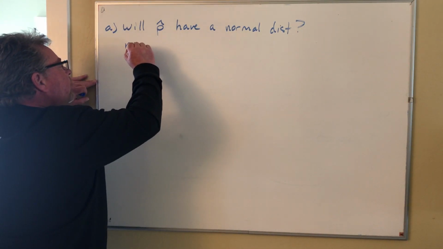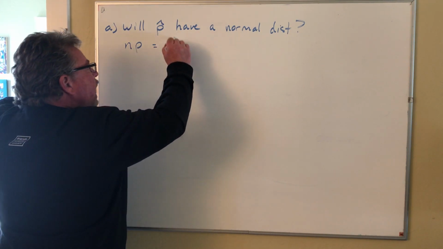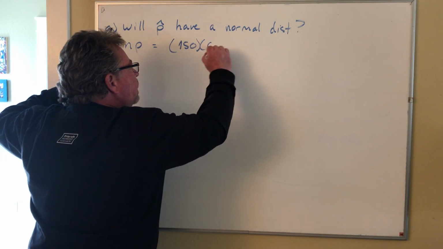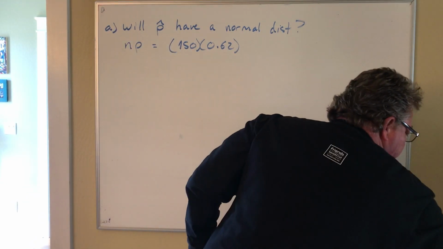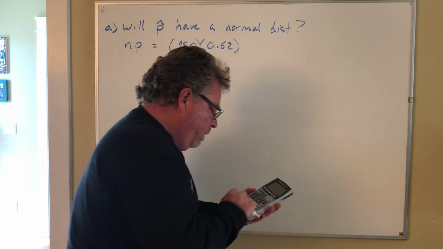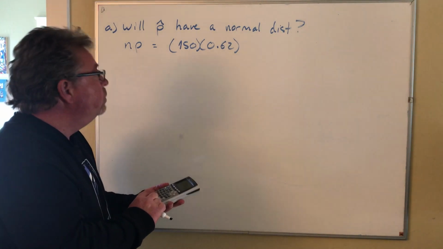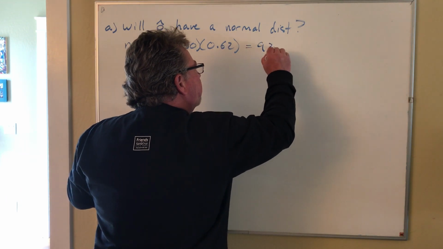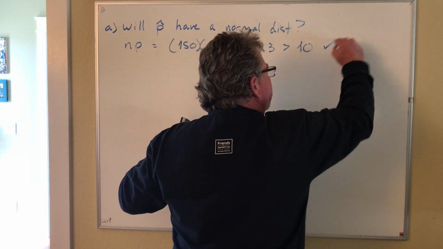We have to look at n times p, and that's going to be n is 150, p is 0.62. I'm going to grab a calculator here. I can't do this stuff in my head. So 150 times 0.62 is 93. And that is certainly greater than 10, so we're good to go there.